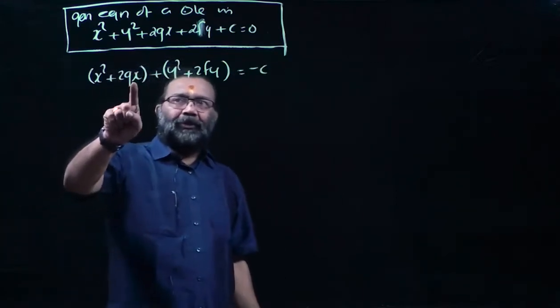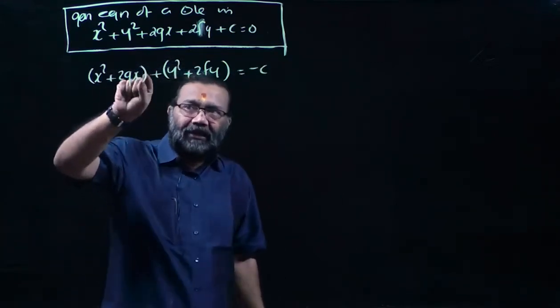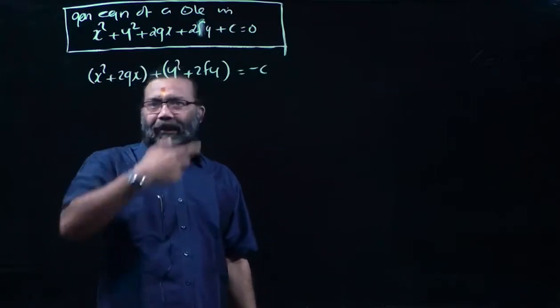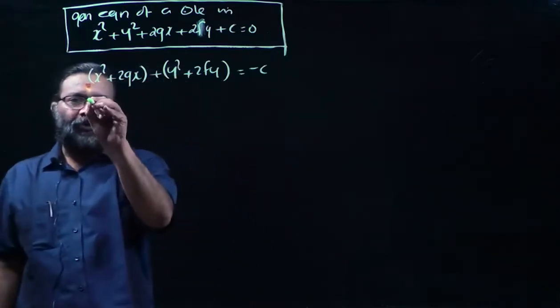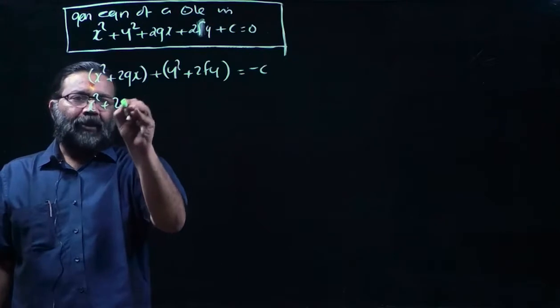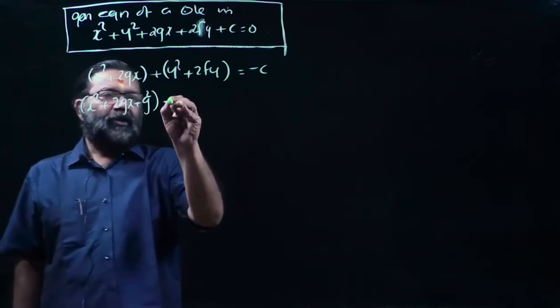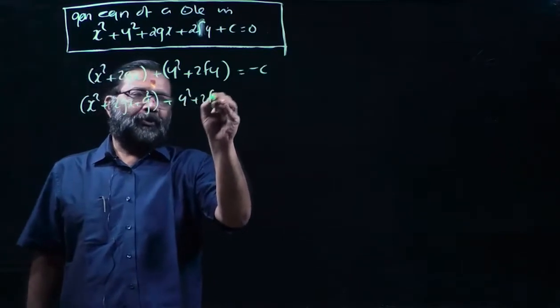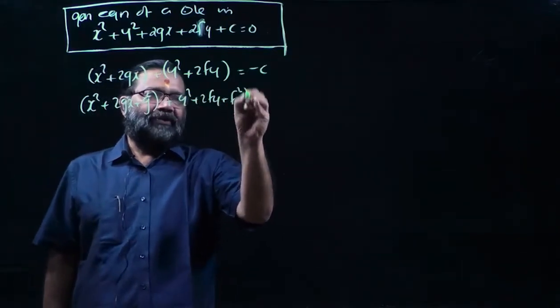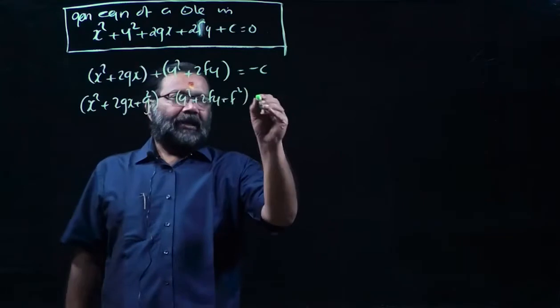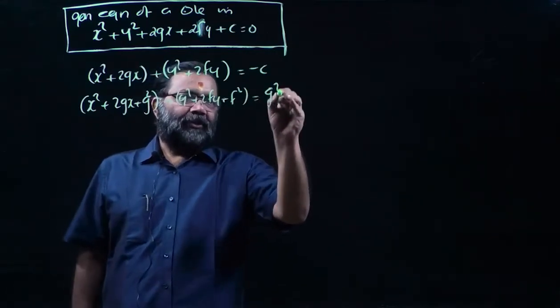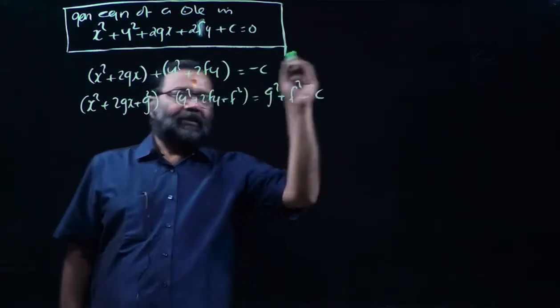A square plus 2ab is there; if there is a b square term also, then we can write that as a plus b whole square. So for x square plus 2gx, I am adding g square. For y square plus 2fy, I am adding f square. And to balance that, I am adding on the right side also, g square plus f square minus c.